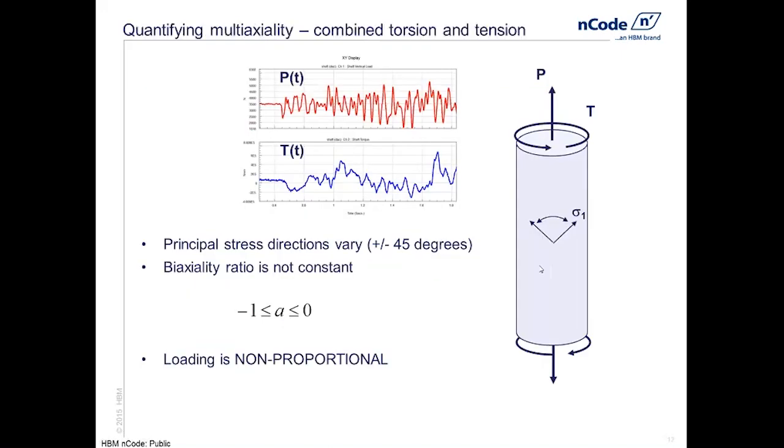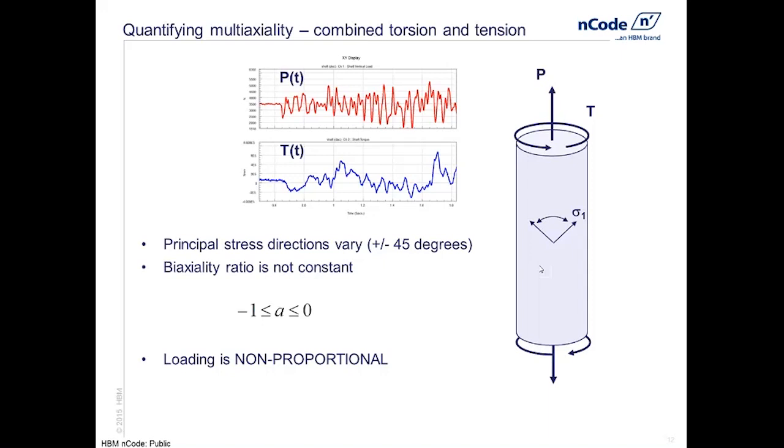So now let's make things a little bit more complicated. I'm going to go back to my thin-walled tube example, but now let's consider the effect of two load cases, tension and torsion. The tension case will generate a uniaxial loading, that is with the biaxiality 0 and the stresses lining up with the axis, and the torsion case will create a pure shear loading, biaxiality ratio -1, with the principal axis inclined at 45 degrees.